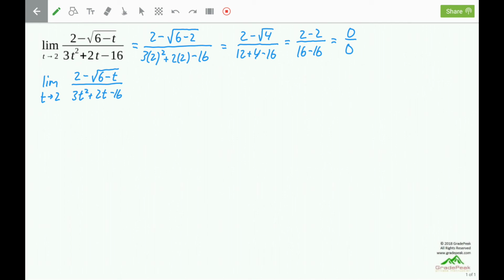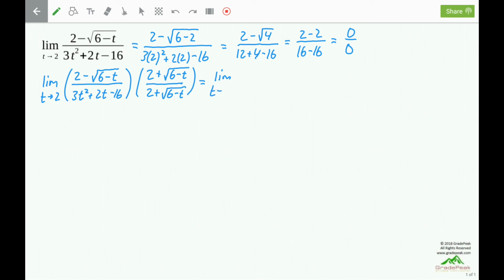The conjugate of the root combination is the same two terms but with the opposite sign between them, which means we'll put a plus between them. I'm going to put this over itself, a form of 1, so that when we multiply we're not changing the value, we're just changing the look.